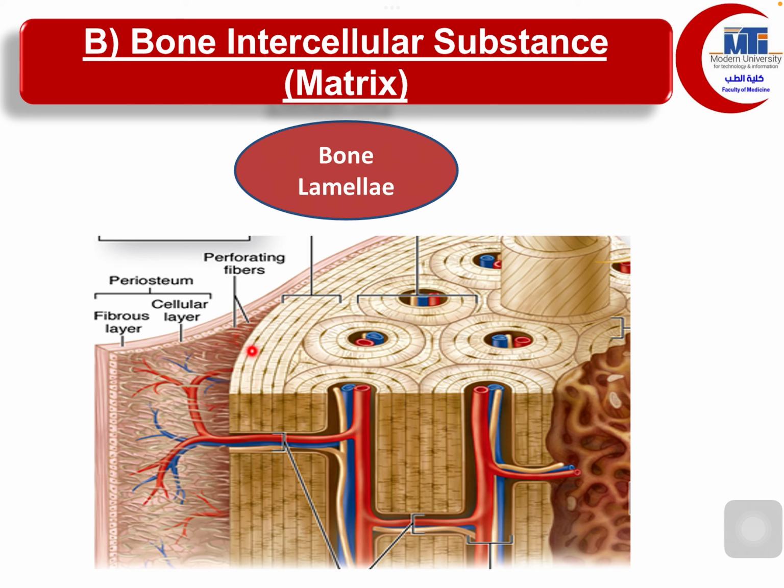So the cells secreting the bone matrix start from cells called osteoblasts, which we will discuss later on. The osteoblasts lie in the inner osteogenic layer of the covering of the bone, the periosteum, which we will discuss in the next slide.